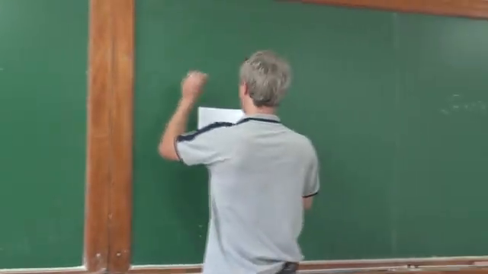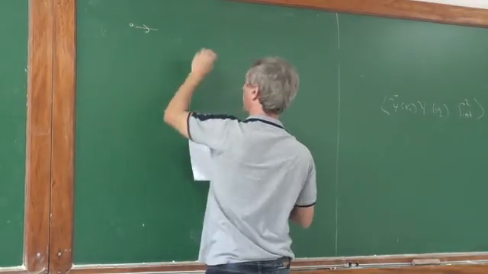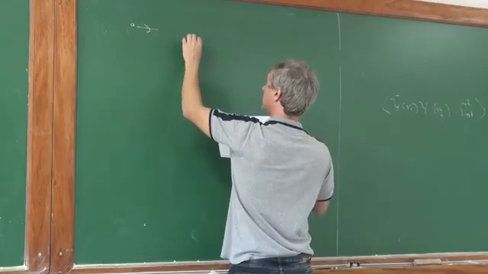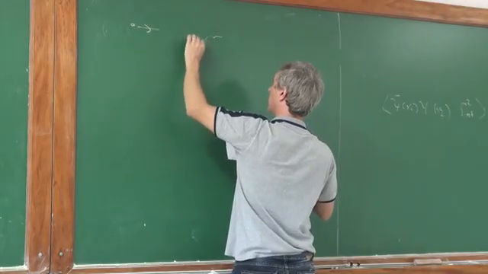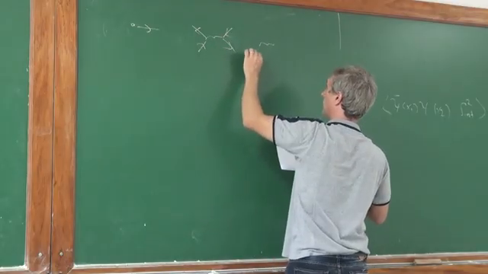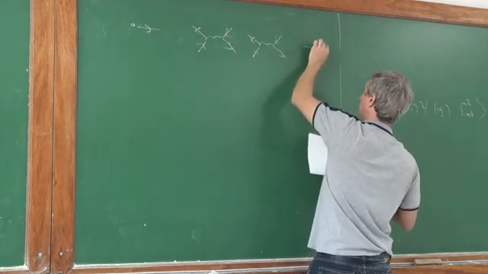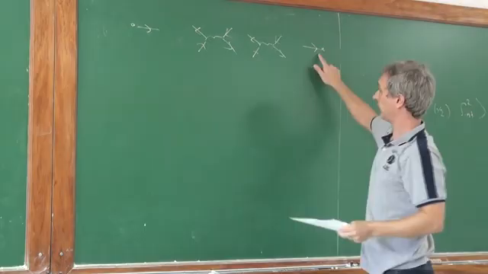So let's diagrammatically look at what this corresponds to. We would draw this way: we have the two interaction vertices, and then we have two external lines.